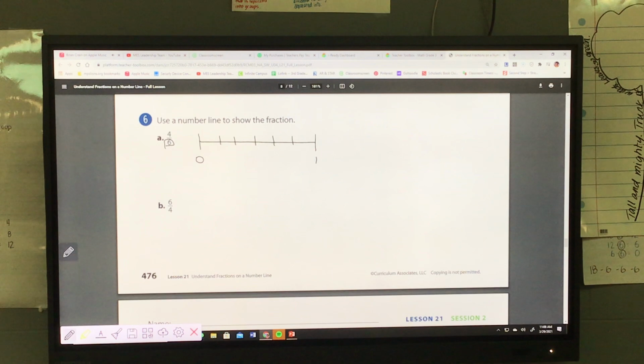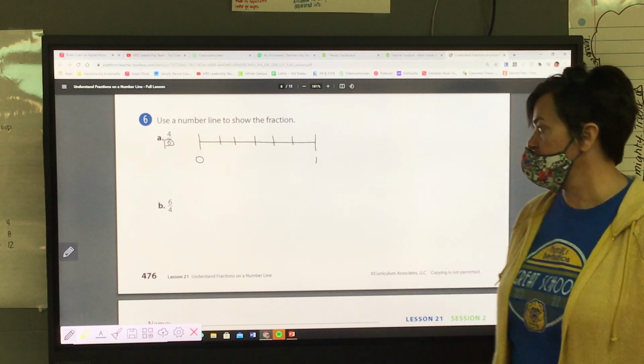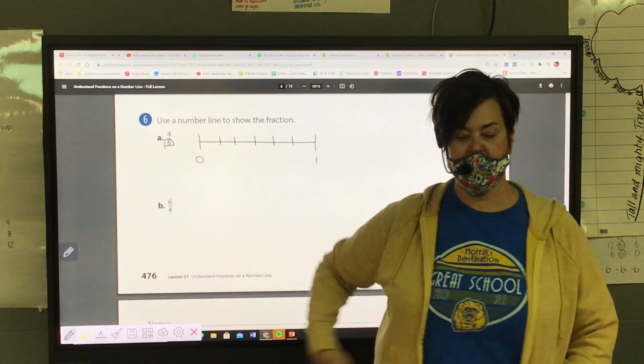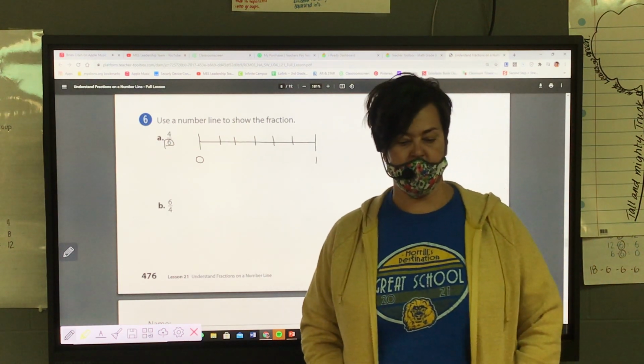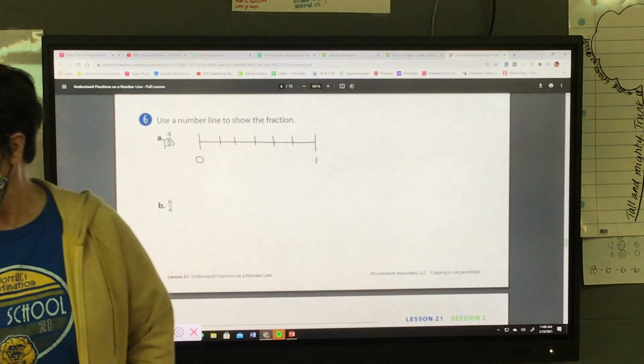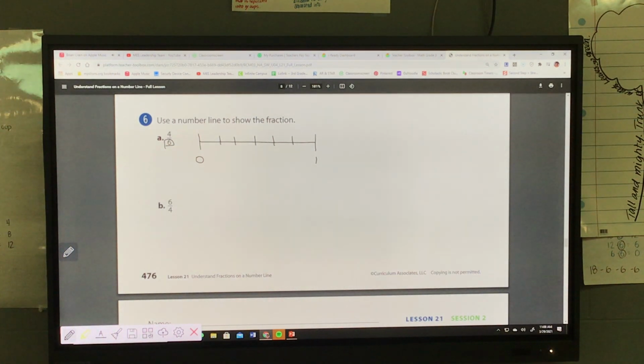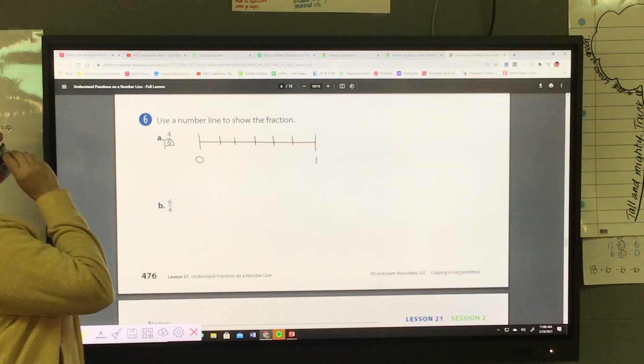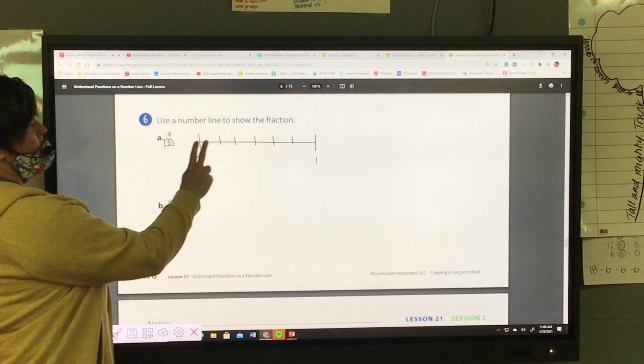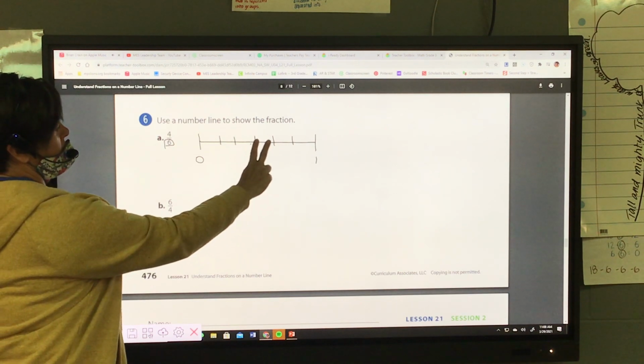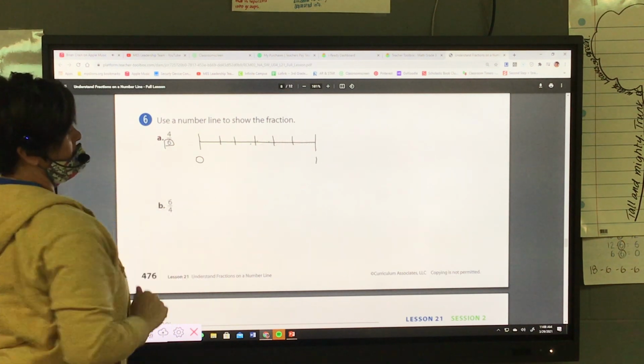Okay. On your number line, point to where 4/6 would be. Just point to it for right now. Okay, so double checking. 1, 2, 3, 4, 5, 6.